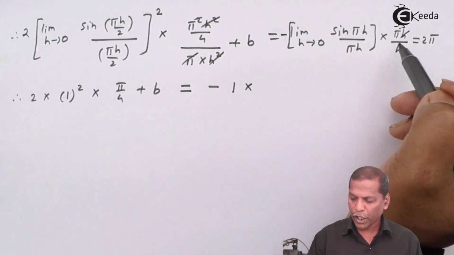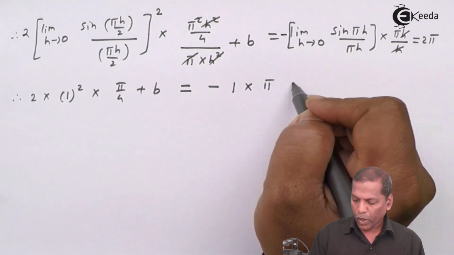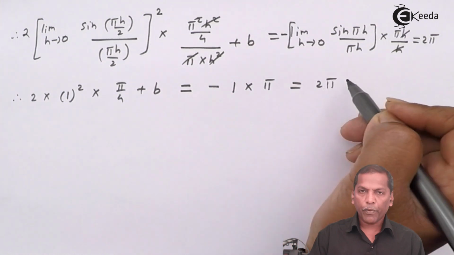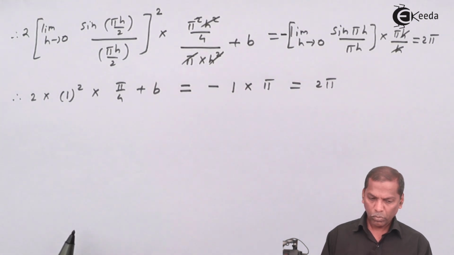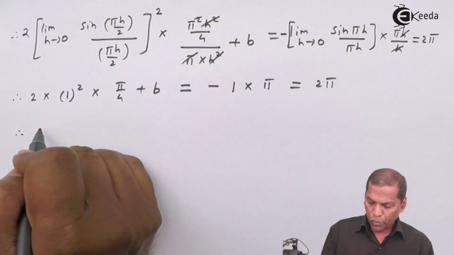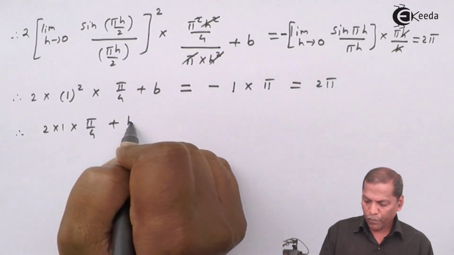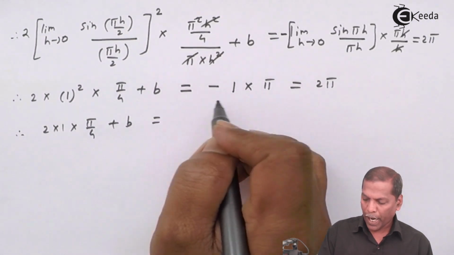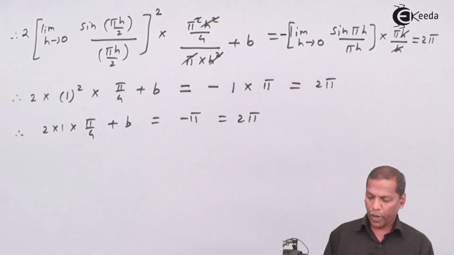Now here we cancel h from numerator and denominator, so we are left with pi, and equal to 2 pi we write as it is. So therefore 2 into 1 into pi by 4 plus b we write as it is, minus 1 into pi, we get minus pi, and that equals 2 pi.